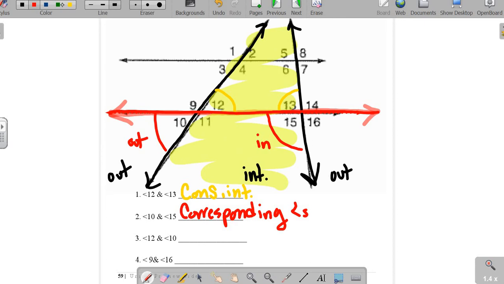12 and 10. 12 and 10 consist of two straight lines creating a bow tie. So 12 and 10 would be considered vertical angles.